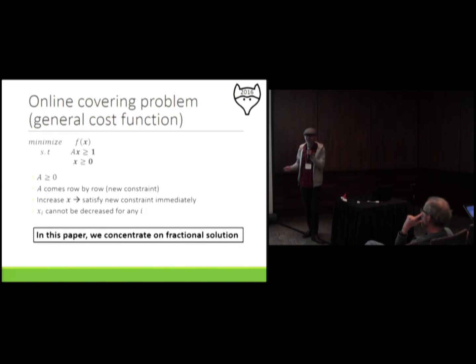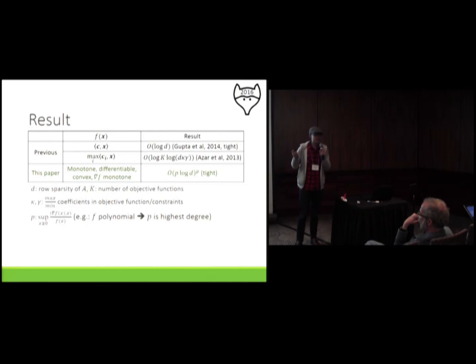And in this paper, we concentrate only on the fractional solution. For the online covering problem, previous results are either about linear functions or the maximum of a set of linear functions. Well, in this paper, we generalized the result a lot. Which are the set of functions that are monotone, differentiable, convex, and also its gradient is monotone.